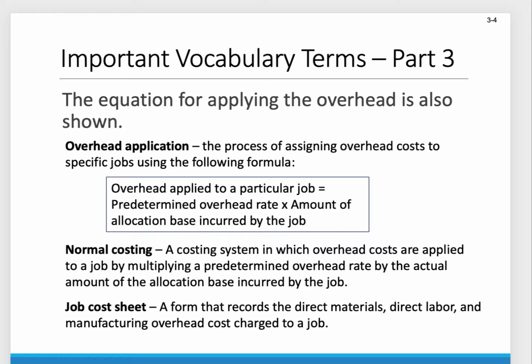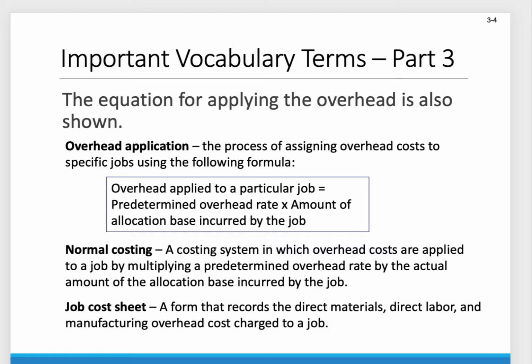Remember in chapter 2 we said, hey, we take that predetermined overhead rate and then we multiply it by the actual cost driver or the actual allocation base that was incurred by the job. So again, allocation base and cost driver are synonyms for each other. We're talking about the same thing whether I say allocation base or cost driver. It's either that direct labor hour or that machine hour.